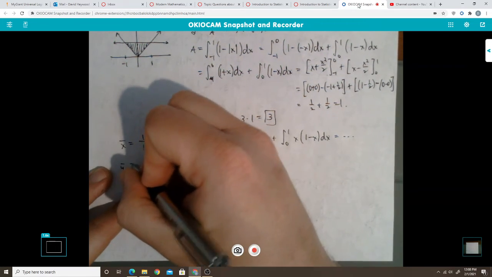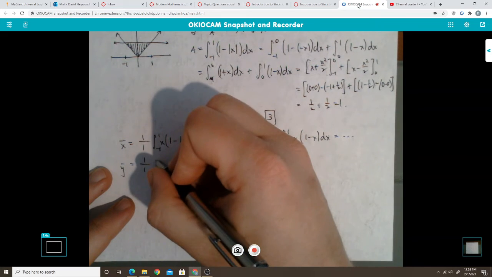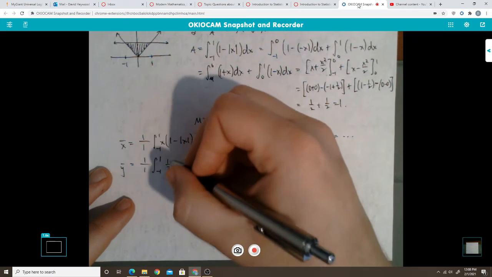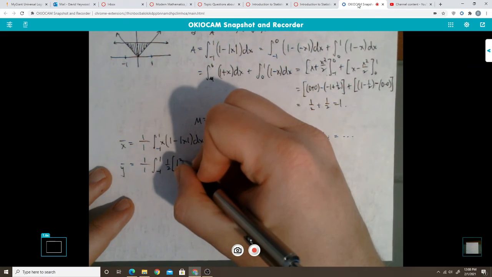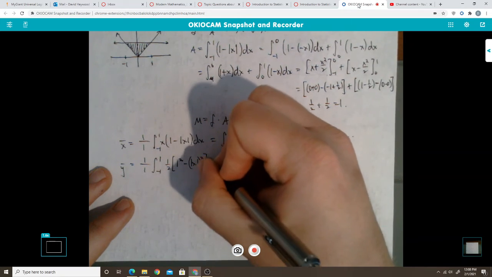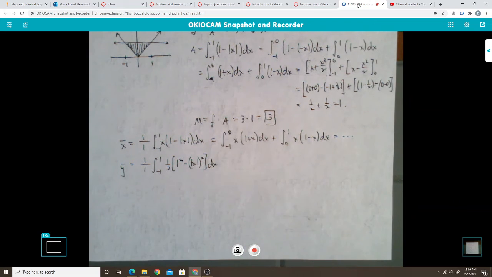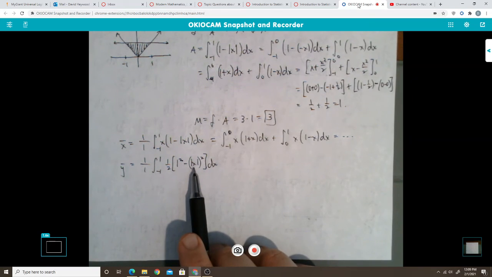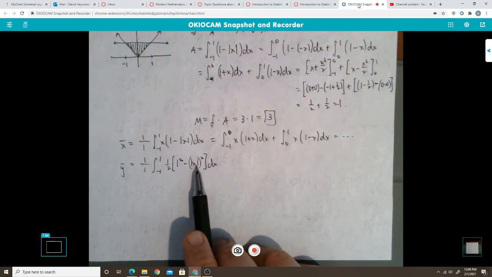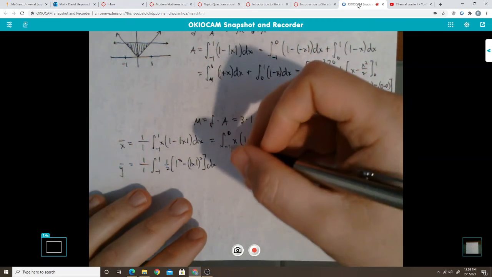For the y coordinate of your centroid, again, you're going to do 1 over area times the integral from -1 to 1 of 1/2 times 1 squared minus absolute value of x squared. That one is actually a little bit easier, because whichever rule you use, when you square the absolute value of x, it's going to be positive x squared either way. So I don't think you even need to split the integral.